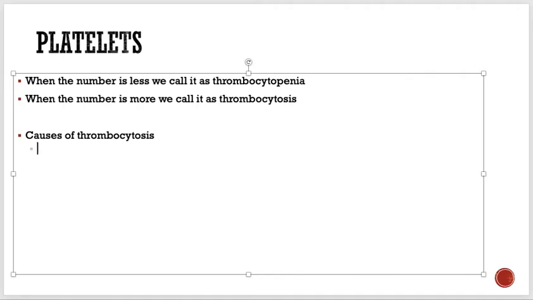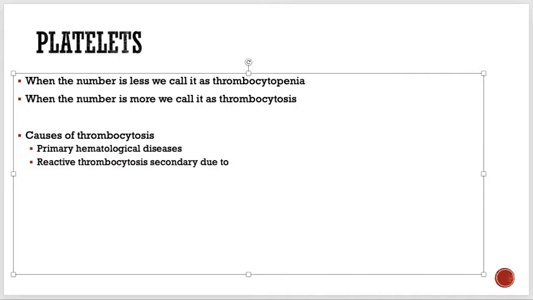So first, there could be primary hematological diseases in which the platelets will be increased, and secondly it could be a reactive thrombocytosis, which is secondary to the following conditions.